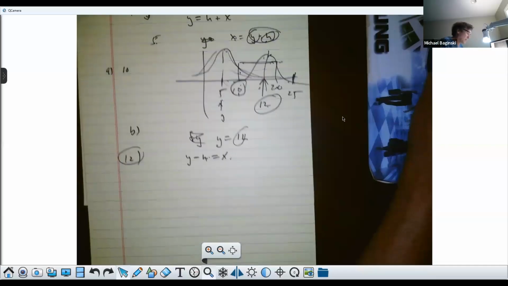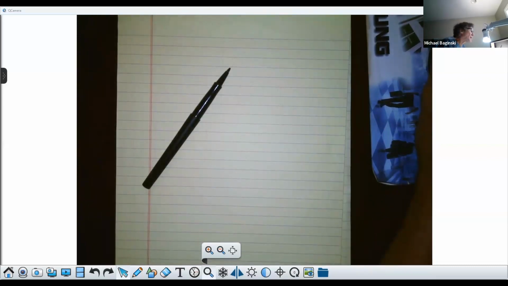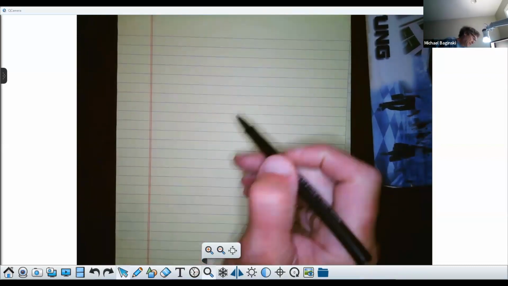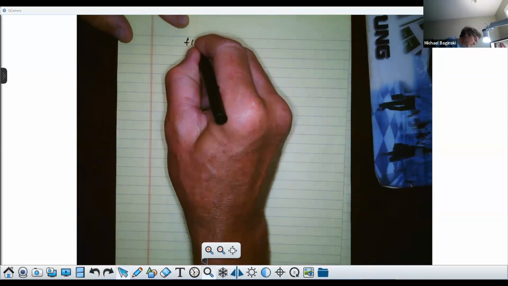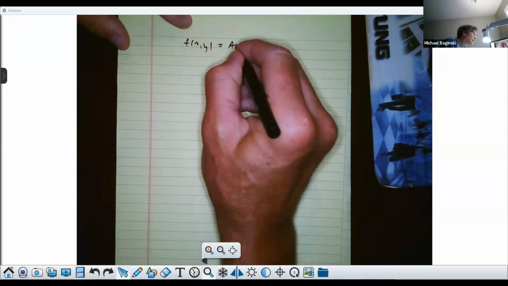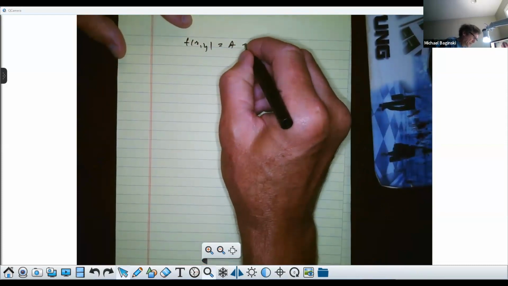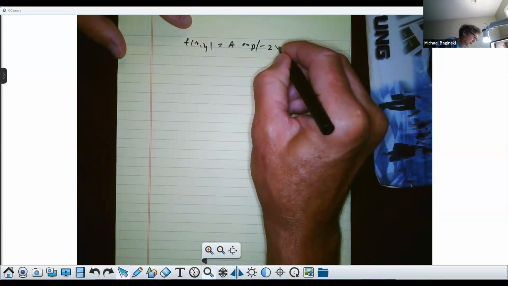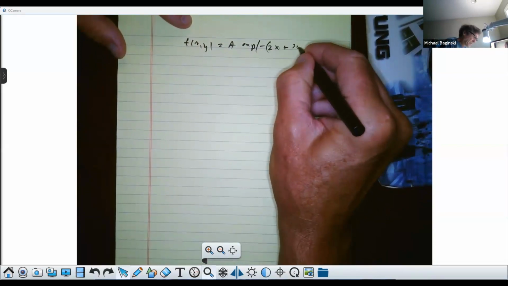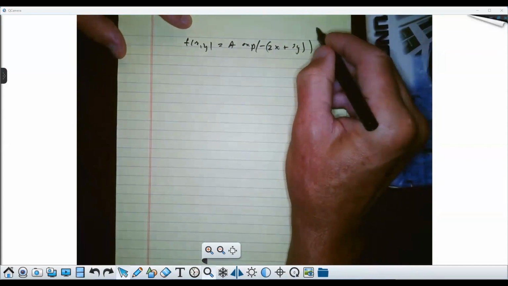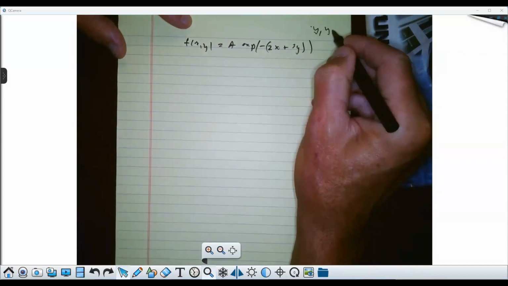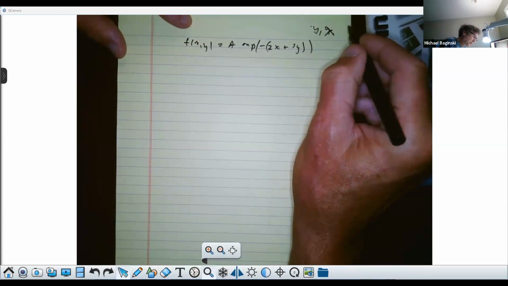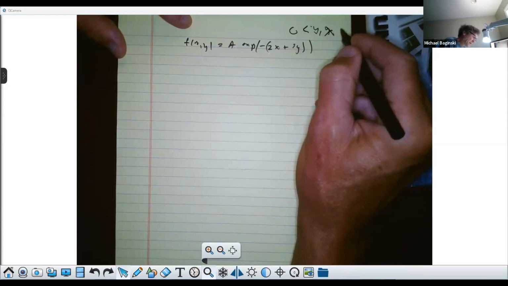You can see the camera now, right? So you have f of x,y equals a times exp of minus 2x plus 3y, for x greater than 0, and that's the only thing you need.